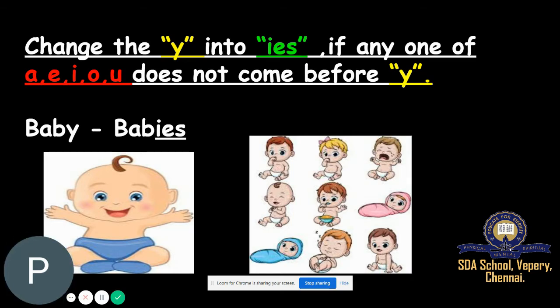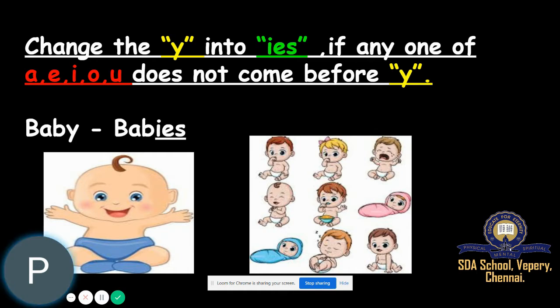Yes, very good. For example, in this image you can see a baby. A baby, it is a singular form. In the right image you can see there are many. So in plural form, it has to be pronounced as babies.